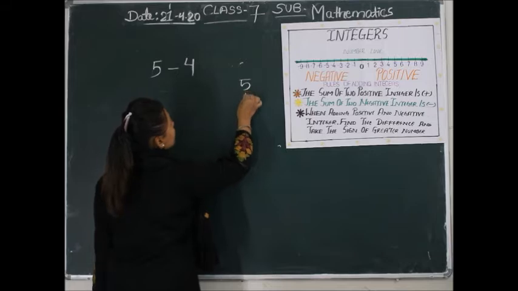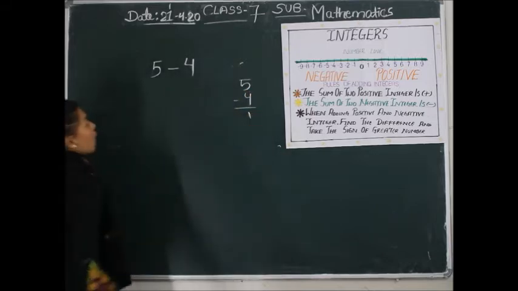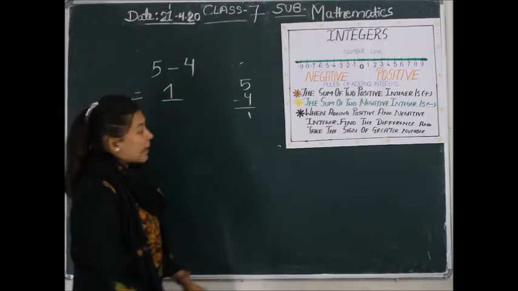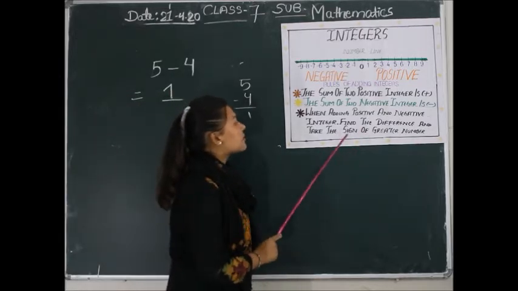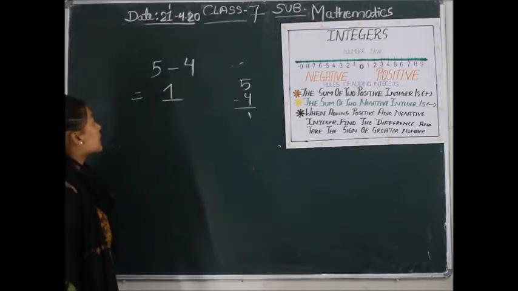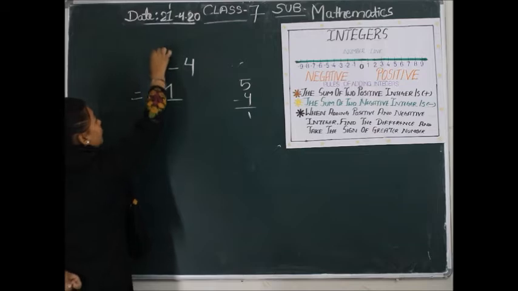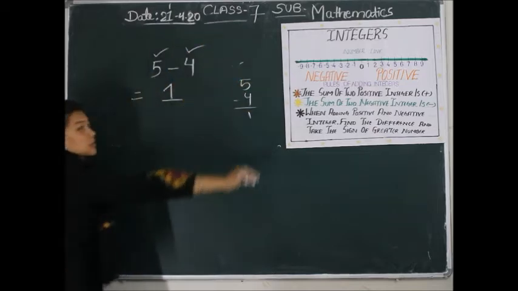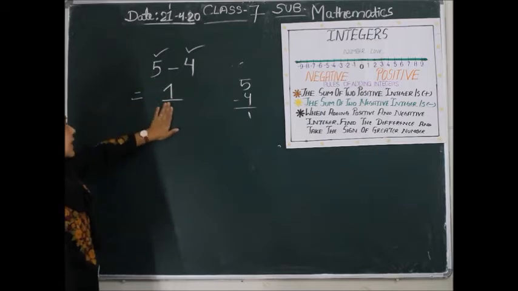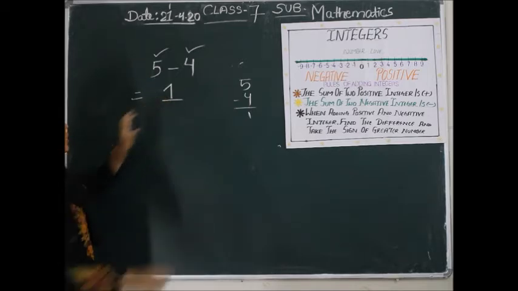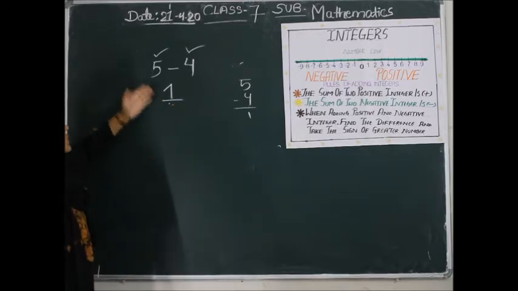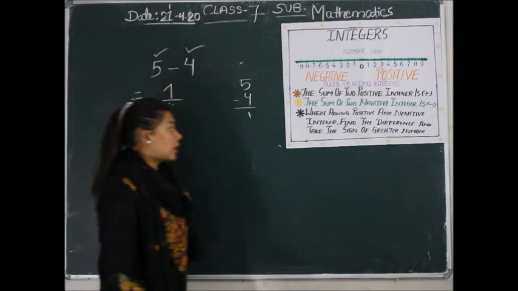So 5 minus 4 will be how much? It will be 1. And they have said find the difference and take the sign of the greater number. So which one is greater? 5 is greater or 4 is greater? So out here 5 is the greater number. That means we need to take the sign of positive. So out here we can just write 1. That means it is a positive number. We have taken the sign of the greater number.